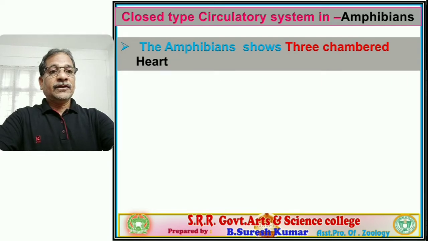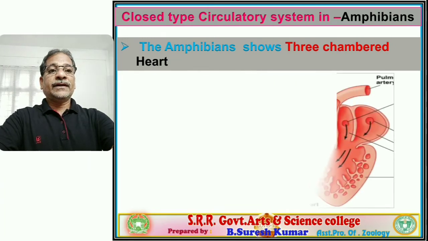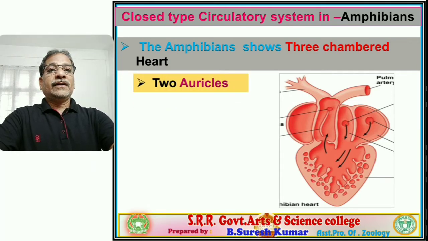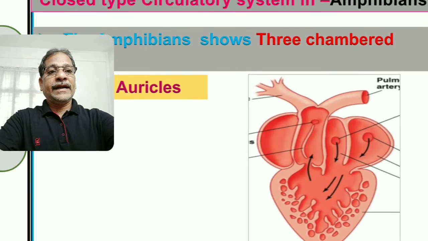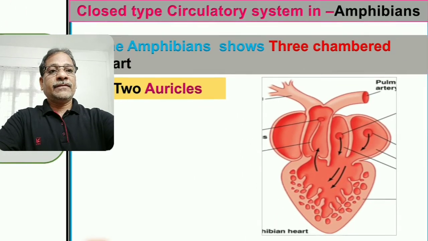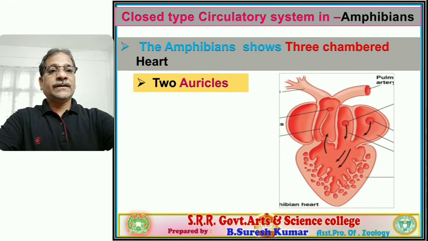So in amphibians, a difference is attained, that is a three-chambered heart, to suit its mode of life and mode of circulation. There are two auricles. The upper two chambers are called auricles or atria. You observe, these are the upper chambers.